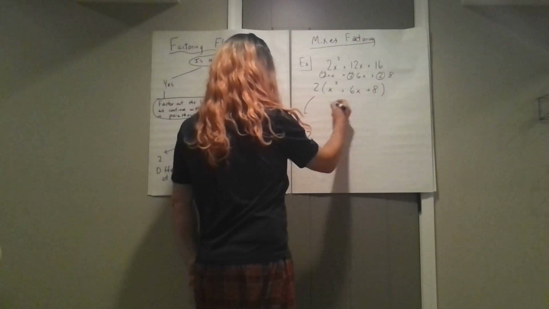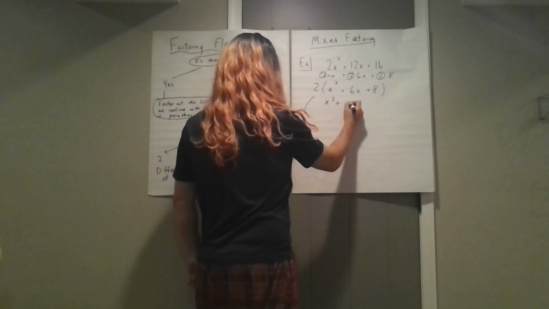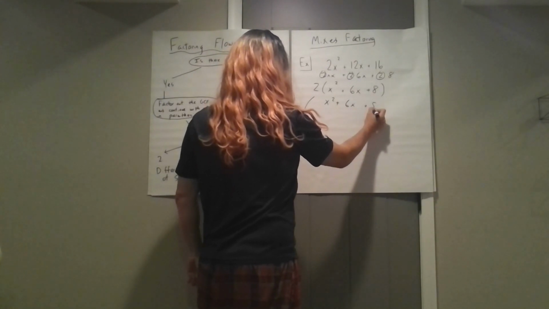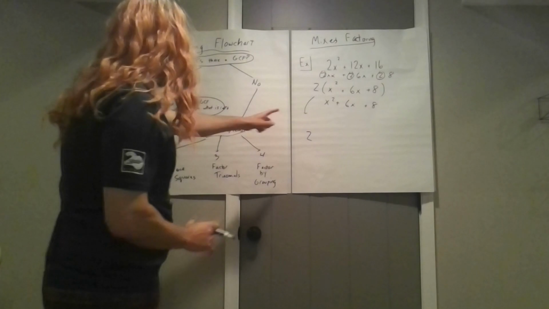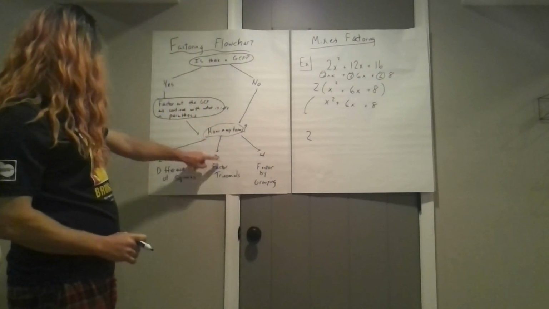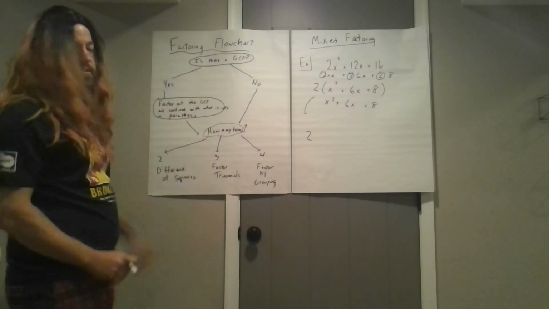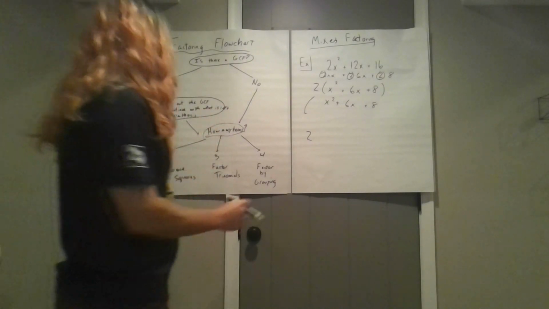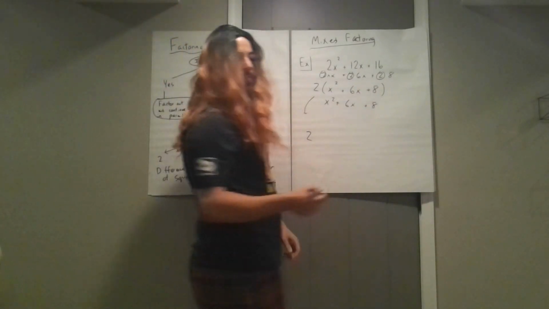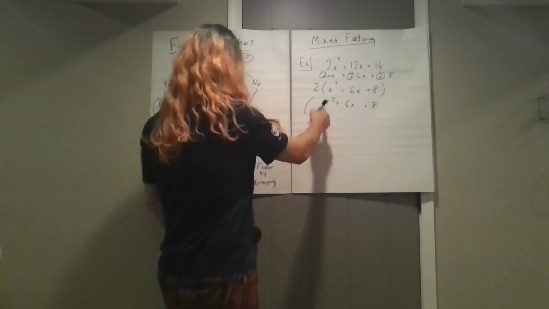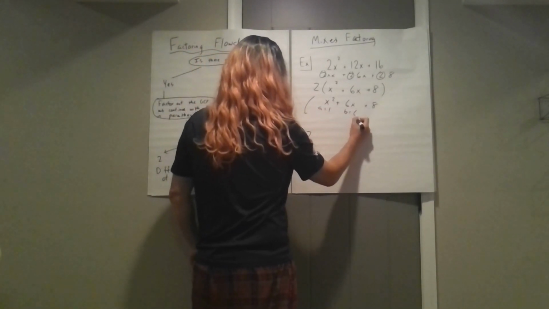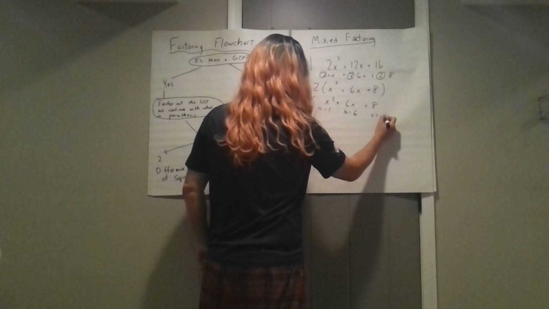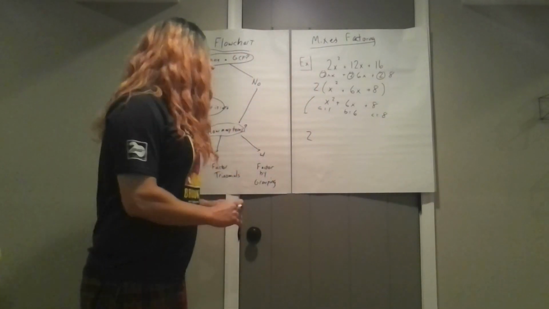Now we're just going to deal with the x squared plus 6x plus 8. We look at how many terms. Well, there's 3, so that's our factoring trinomials. If you remember, we have our a, which is 1, our b, which is 6, and our c, which is 8.